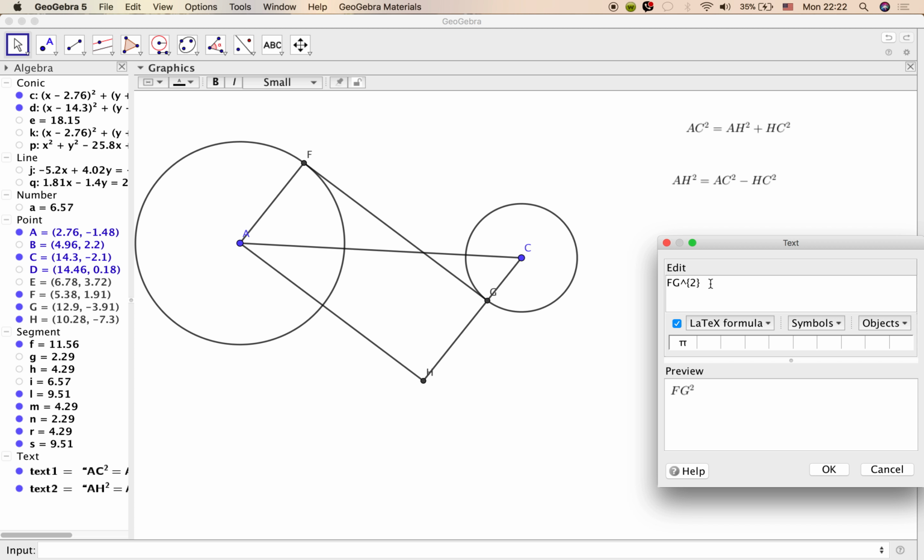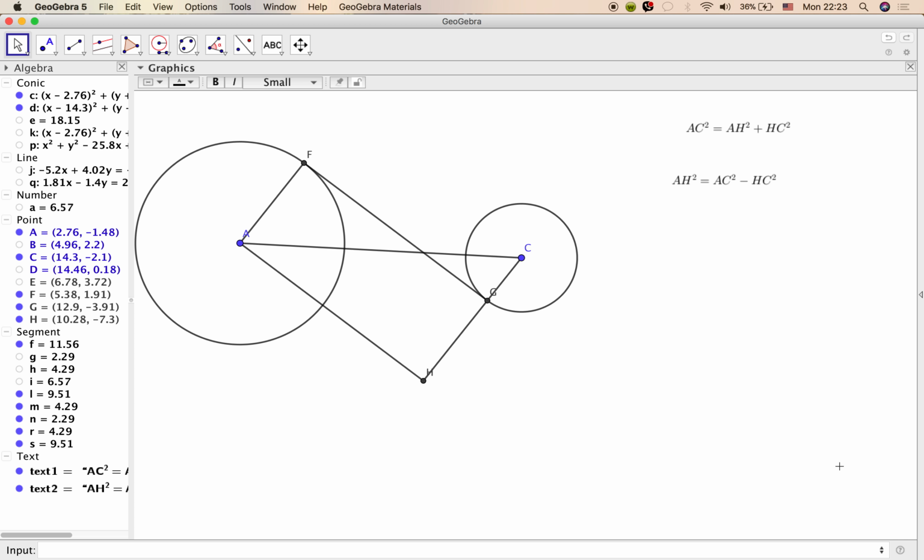FG squared is equal to AC squared minus, let's just add the distance of the two radii, AF plus GC, squared. And this is the formula that we are interested in.